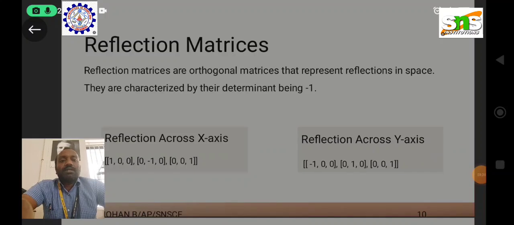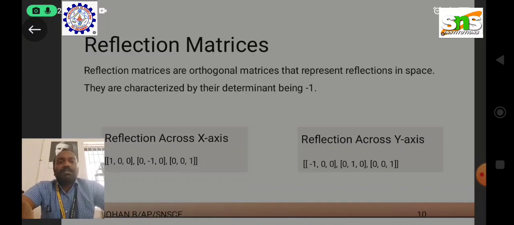Then the reflection matrices, which reflect across the x-axis and the y-axis. Reflection matrices are orthogonal matrices that represent reflection in space.